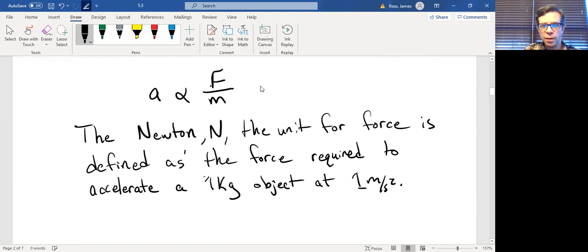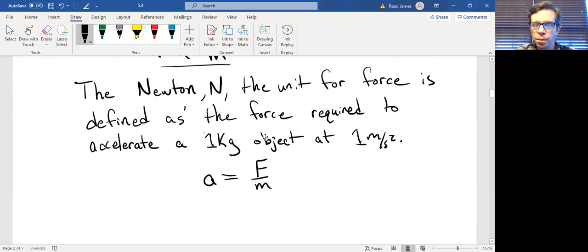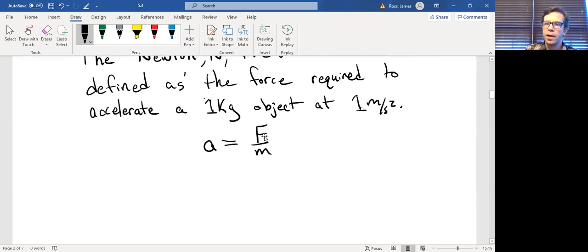What that means is the Newton is chosen such that our proportionality constant here is 1. So we can in fact write this as an equality. So let me go ahead and write that down.